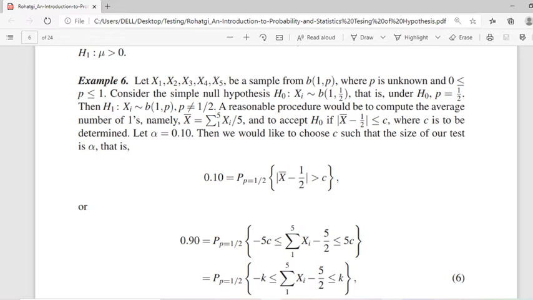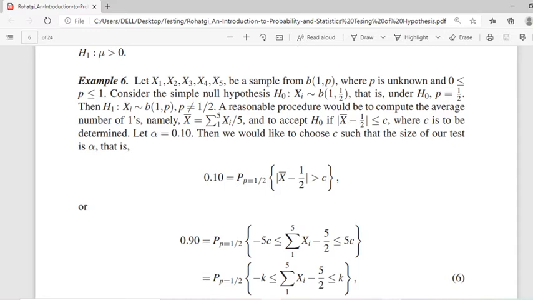Null hypothesis H0: p = 1/2 and alternative hypothesis H1: p not equal to 1/2. So p = 1/2 against p not equal to 1/2. That means unbiased or not unbiased.